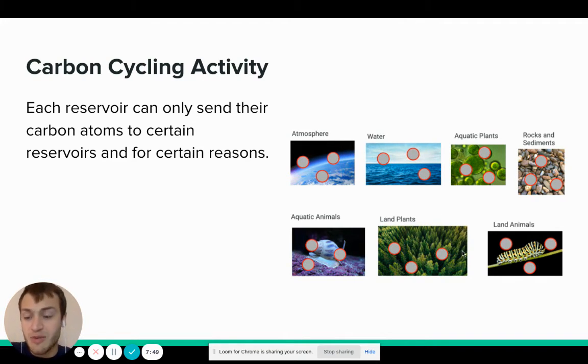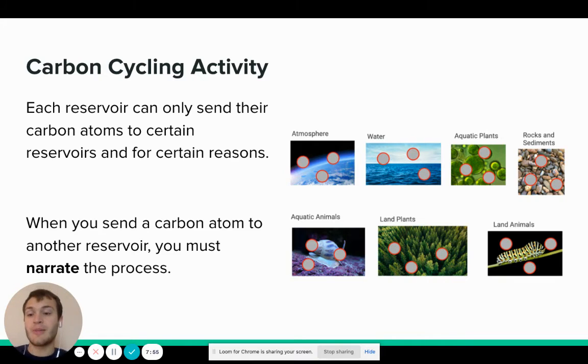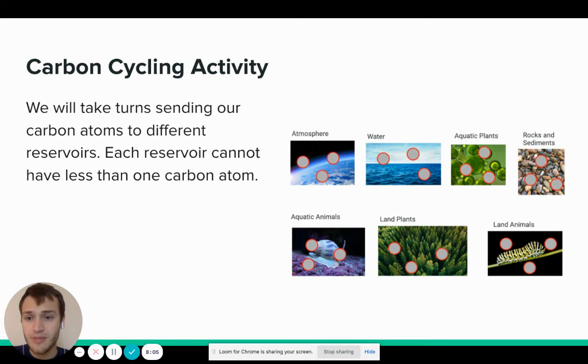All of these reservoirs have very special relationships. And so when they sent a carbon atom to another reservoir, they had to narrate the process. So they had to say exactly why they were able to send their carbon to another reservoir. And so we took turns moving carbon around and just seeing how much carbon moves.